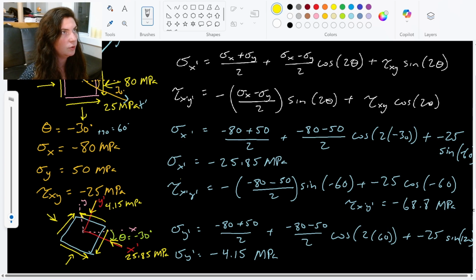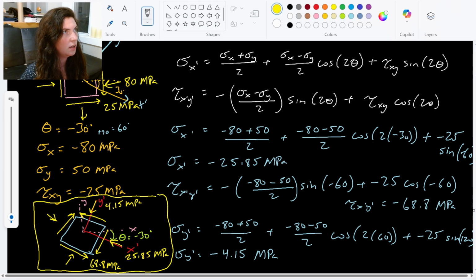And this value was, what was it, 68.8 megapascals. So this would be our new state of stress, right? Our element rotated looks like this and has these new values, these different values from when we rotated it, right? That rotation caused all of these values to change. So this is our stress element at 30 degrees clockwise.